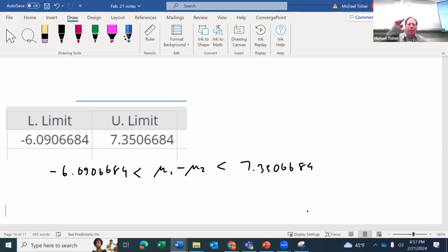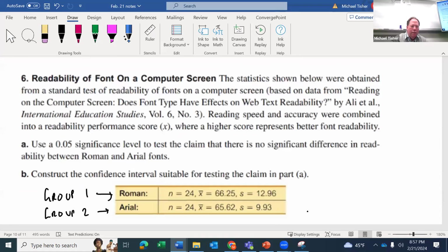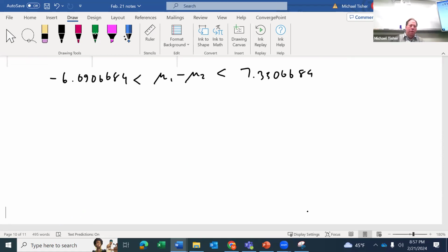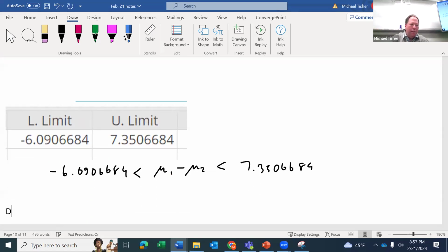Okay, now again, we're trying to test the claim that they're the same. There's no difference, they're the same, okay? So if you see they're the same, we have to analyze this confidence interval. All right, now you want to ask yourself, does this confidence interval contain 0 or not?